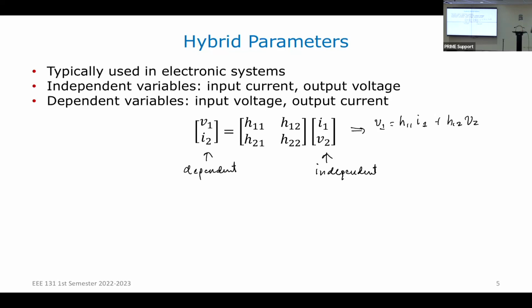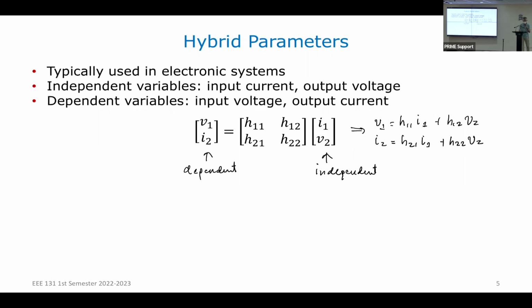That's standard in the hybrid model. Kung ano man yung input current at saka yung output voltage, yun yung independent. And then the dependent, of course, would be the other 2 variables. That's your input voltage and your output current. So V1 is H11 I1 plus H12 V2, and I2 is H21 I1 plus H22 V2.